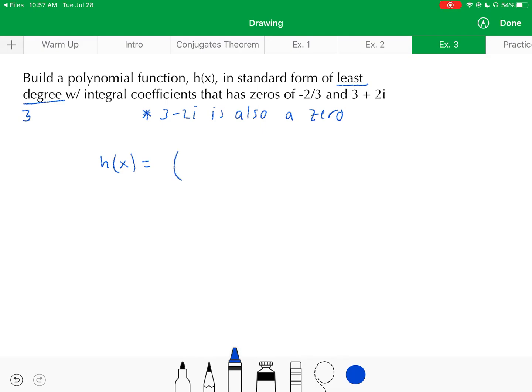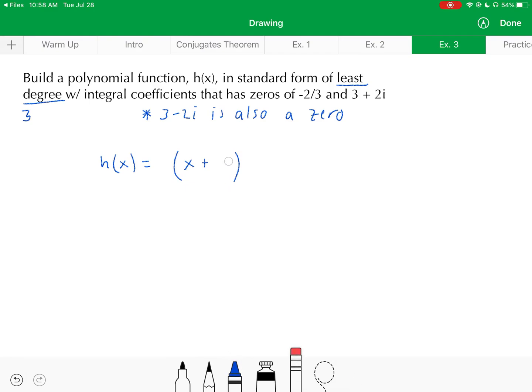So your one option is you could say that x plus 2/3 is a factor, right? You just simply subtract negative 2/3 from x to build your factor. But the issue with leaving it like this is that when you multiply it out with the other two factors that the function will have, you won't have integral coefficients, okay?